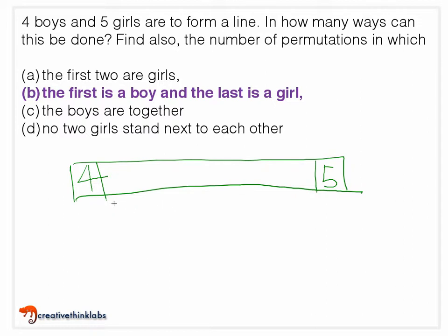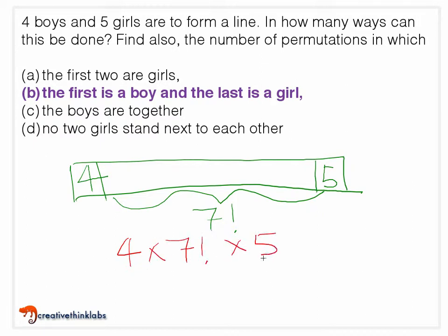Now the middle part here, the remaining 7, they can be arranged in 7 factorial. So once again, this is very similar to the A question, which is 4 times 7 factorial times 5, which yields the same answer as just now, 100,800 ways. Let's move to the next part.